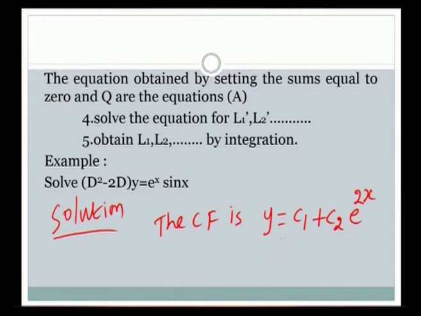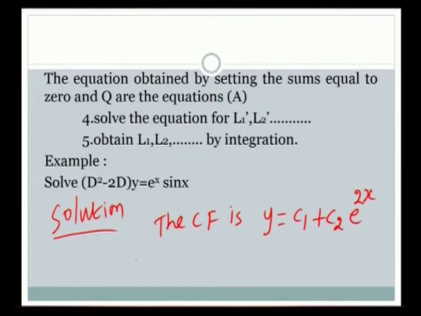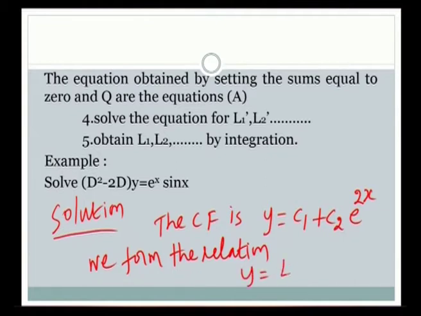Now, using this complementary function, we need to find the parameter L to obtain the particular integral. So, we form the relation y is equal to L1 plus L2 e power 2x.